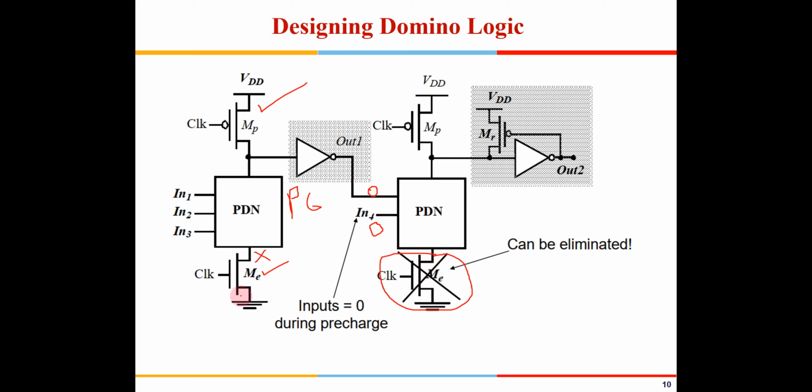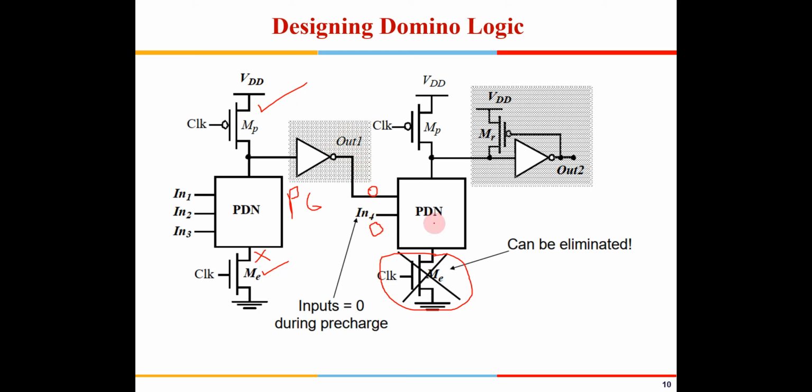You can have only this transistor, the tail transistor, only in the first stages. We'll see there is an issue with eliminating it, but otherwise we can eliminate this transistor from the second stage onwards, because during the pre-charge period, all the inputs coming from other domino logics will be 0.